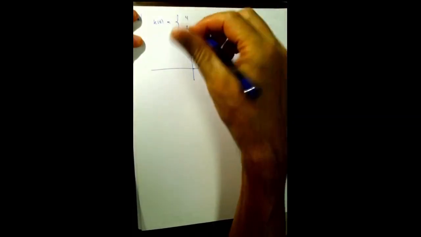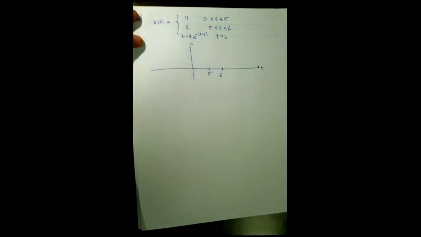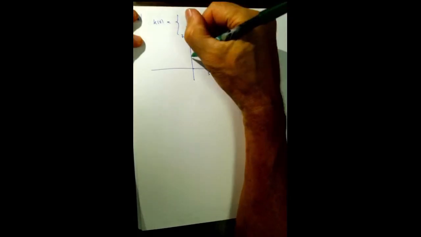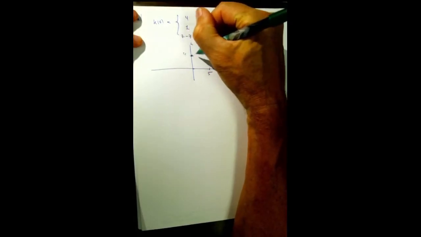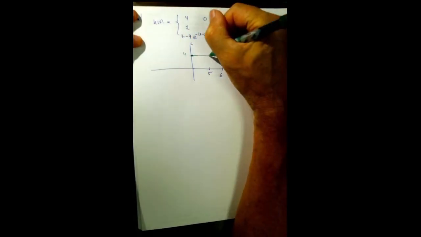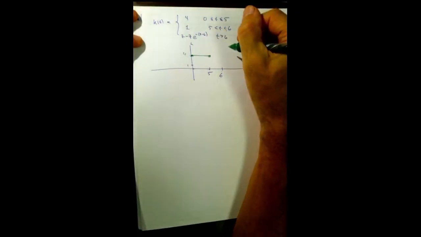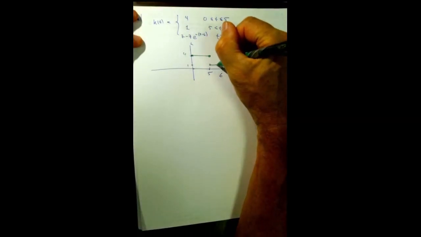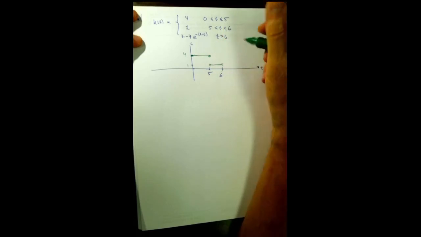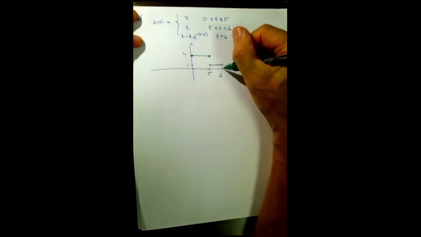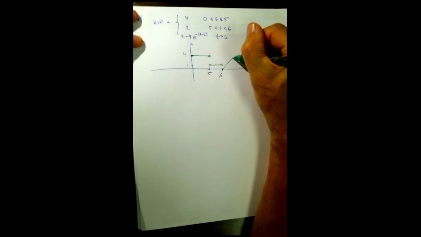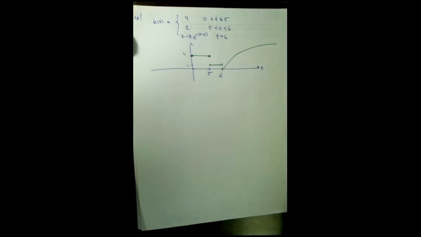Okay, so from 0 to 5, it's equal to 4. And then from 5 to 6, it's going to be 1. And then bigger than 6, so when t equals 6, this is 0, and it's going to decay to 7. That just keeps on going.